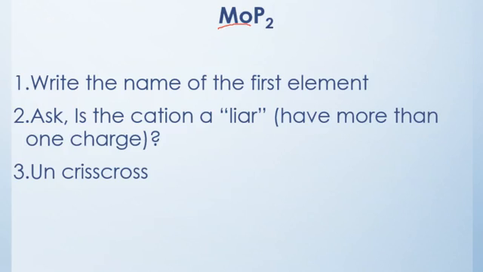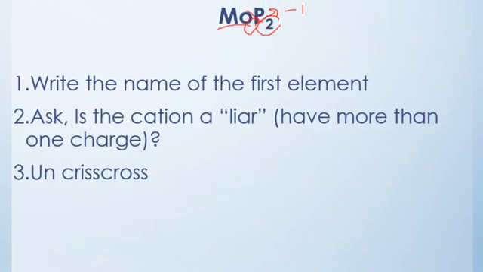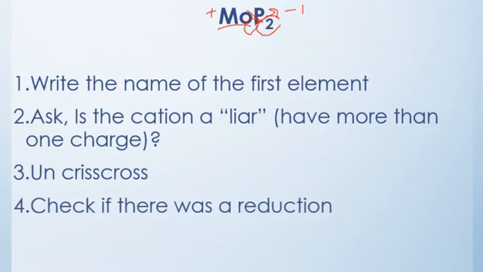So I'm going to uncrisscross the numbers that this element shared. So it looks like the P gave a 1. And if that's true, then the Mo gave a 2. So is that true? Is it true that the element P is a -1? And the answer to that question is no, it's not.